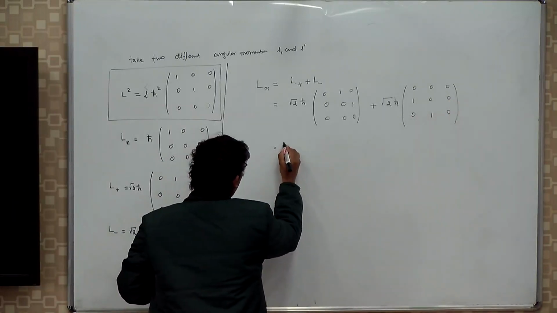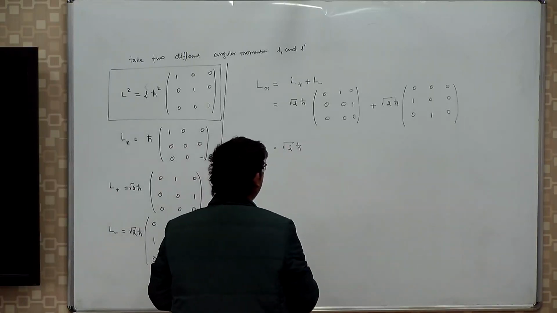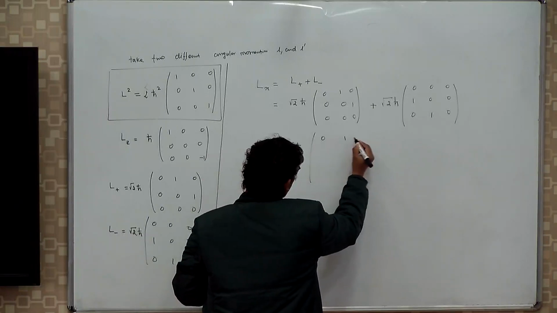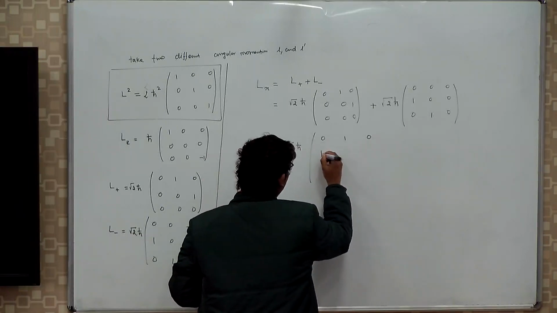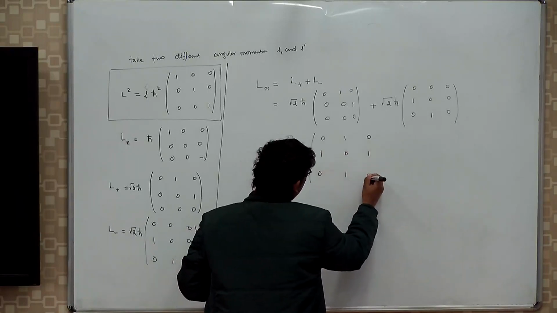Here square root of 2 h cross is common, we can take it out. If we add these two matrices, we will get 0, 1, 0, 1, 0, 1, 0, 1, 0.